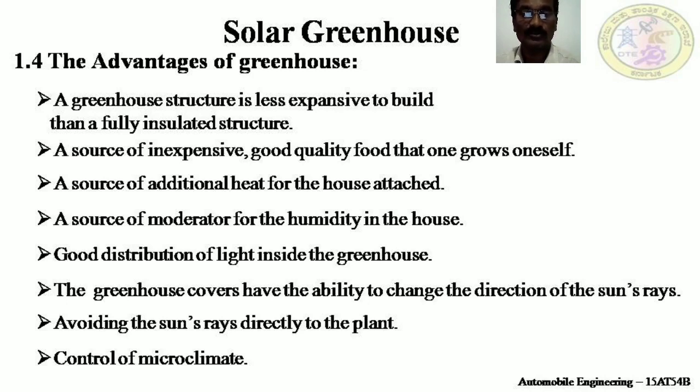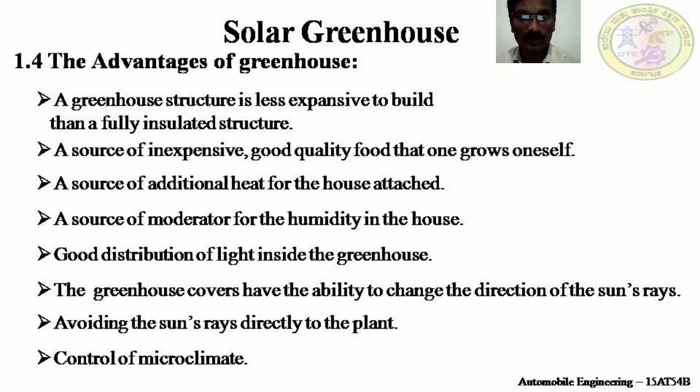So the greenhouse should have the ability to change the direction of sun rays, avoiding the sun rays falling directly on the plant. So the main purpose of using the greenhouse is to avoid the rays falling on the plants directly.